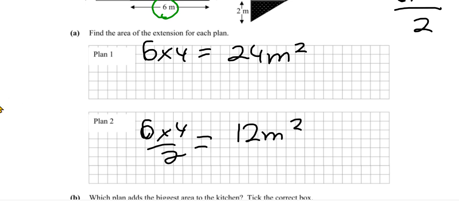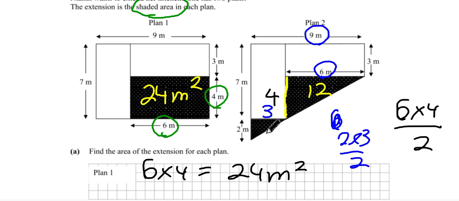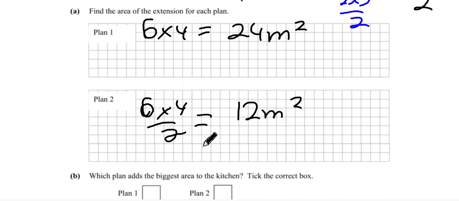Okay. So this part here is 12. But what about this little part down here? Well, what's 9 take away 6? 3. 2 times 3 divided by 2? Also 3. 12 plus 3? 15. Our answer is 15 meters squared.